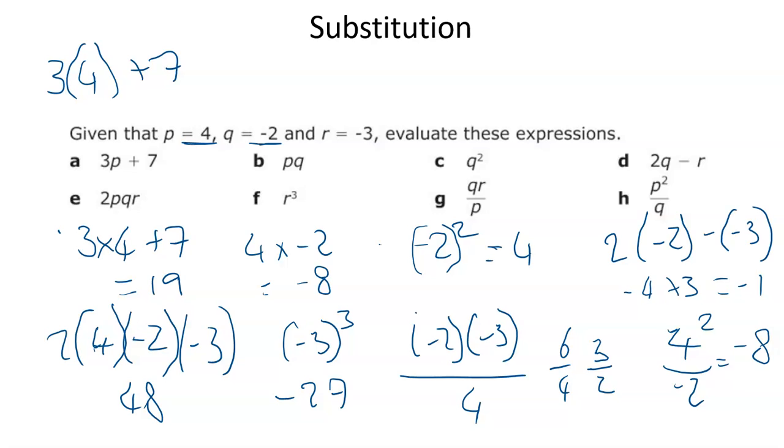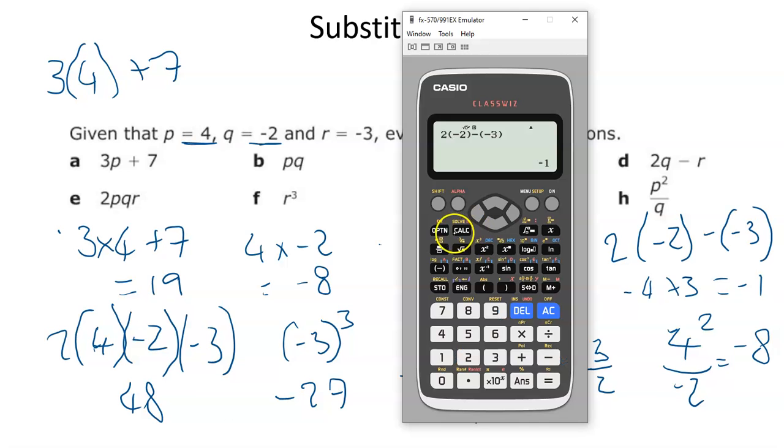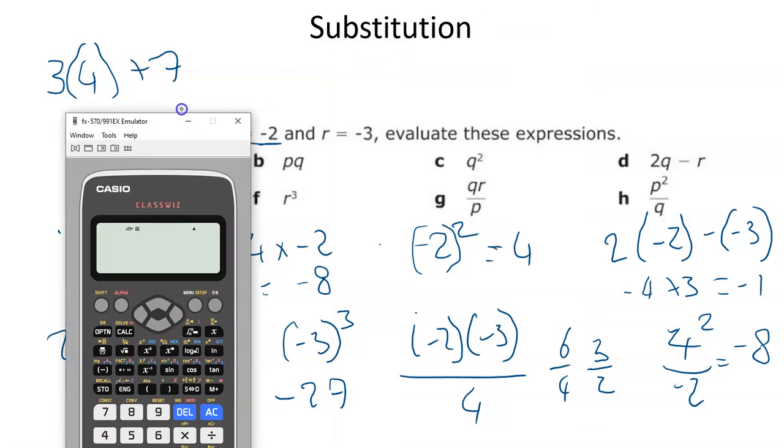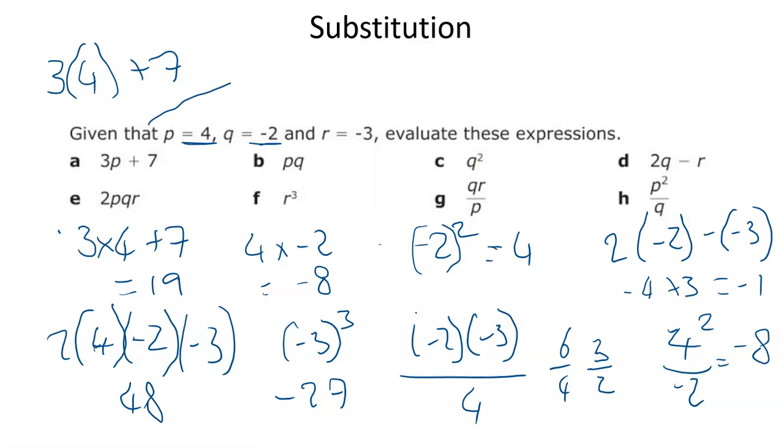So those are just a few examples of substituting. Watch out for those minus signs and make sure you do BIDMAS in the right order. If you use brackets, then you can type it into your calculator quite well. And if you have this kind of calculator with a calc button, you can actually write it in. Although I don't have P, Q, and R, I could write in, which one should I write in? Oh, I lost it.